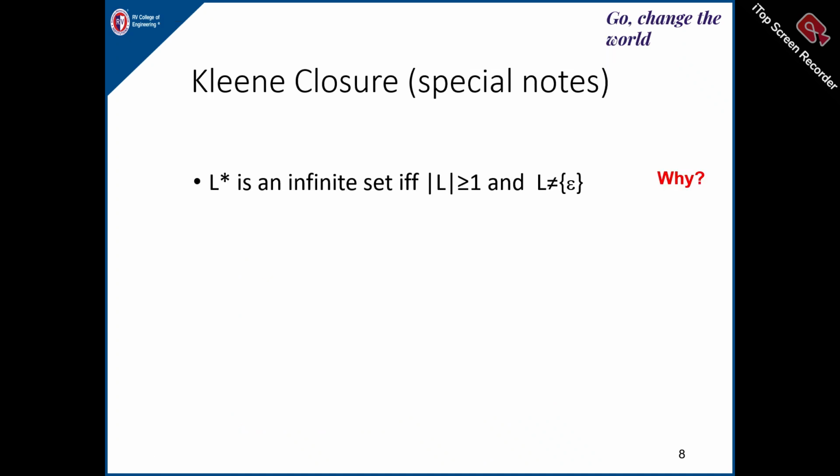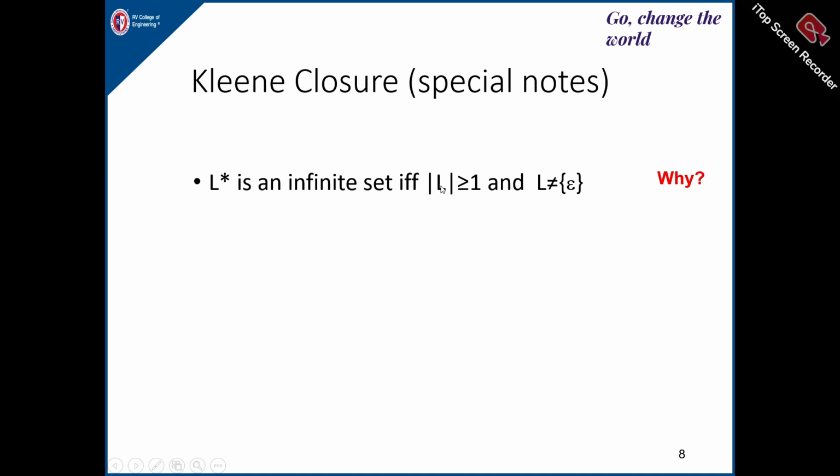Now an important note: L star is infinite if the length of L is greater than or equal to 1. It means that if my L contains a string and L is not just the empty string, then L star will be infinite.